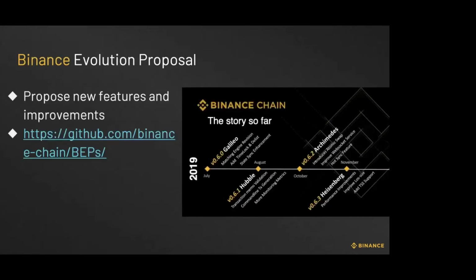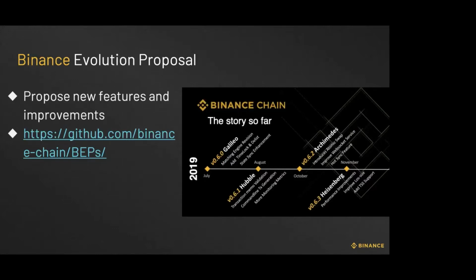In the last year, Binance Chain had 4 major upgrades. The upgrades are used to introduce new features and improvements to the blockchain software, and all the new features are explained in BEPs, which is short for Binance Evolution Proposal.